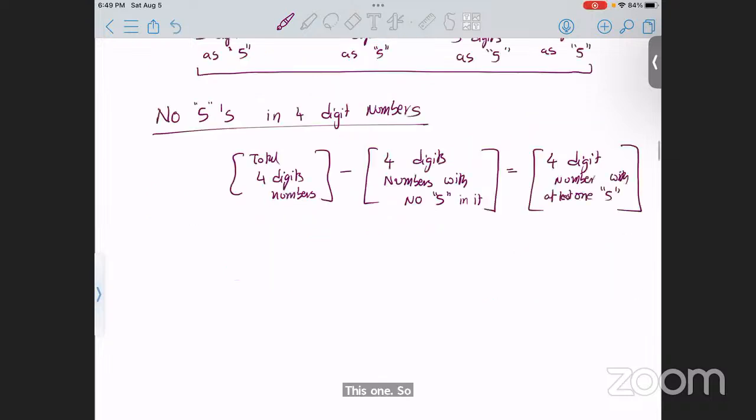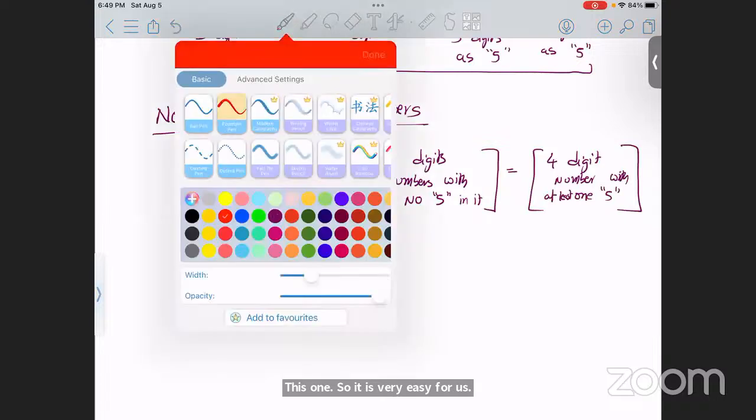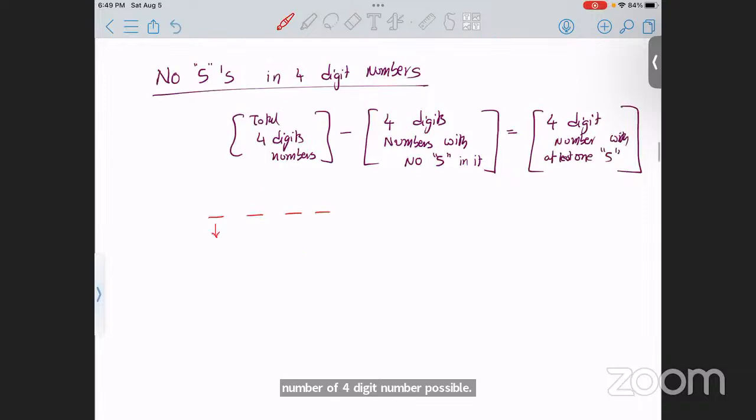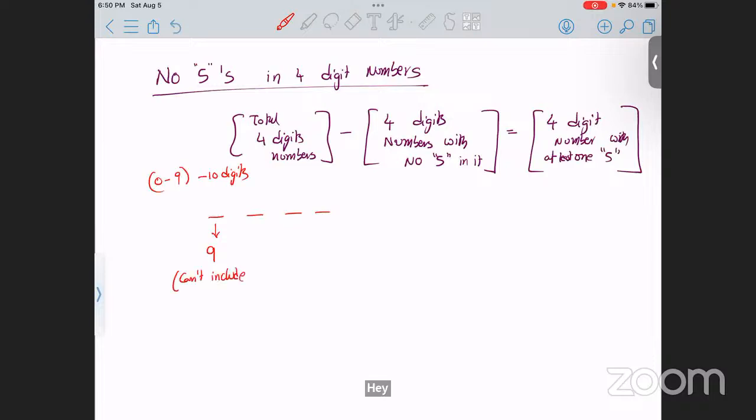So it is very easy for us. What are the total number of 4-digit numbers possible? I'm changing the color. 1, 2, 3, 4. First digit can take 9, because there are 10 digits from 0 to 9 and we can't include 0 on the first digit.